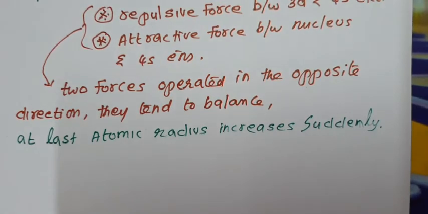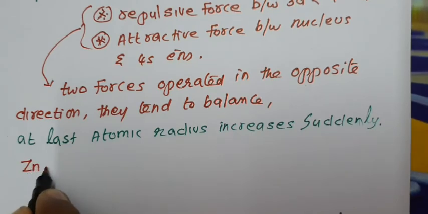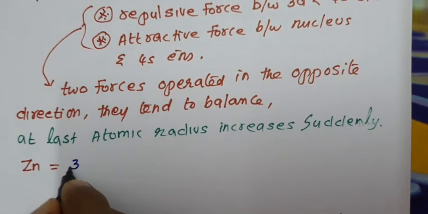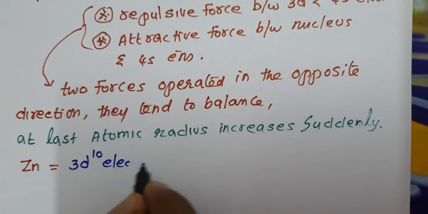Why? In the case of zinc, the atomic radius increases because of the 10 electrons present in the 3d orbital, that means the 3d10 electrons.